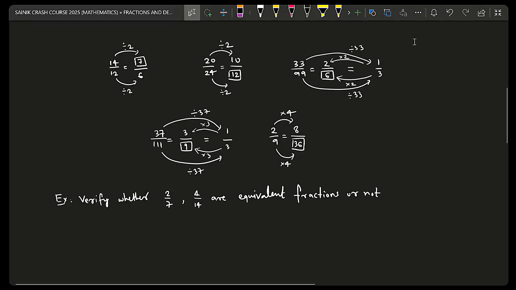Ritvika, speak loudly. Sir, how can you check whether they are equivalent fractions or not? Not understood. Okay, let me explain.